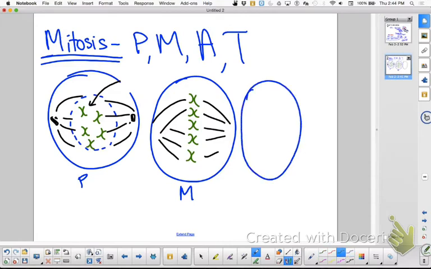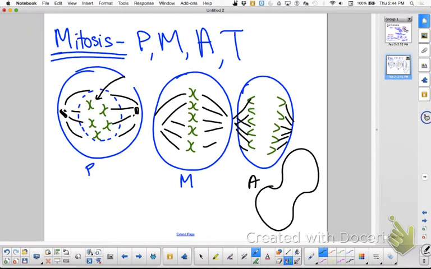Anaphase. So I'm going to pull them across, away from each other. 1, 2, 3. Pulling them away in anaphase. And then what would telophase look like? I would still be able to see them. 1, 2, 3, 4, 5.